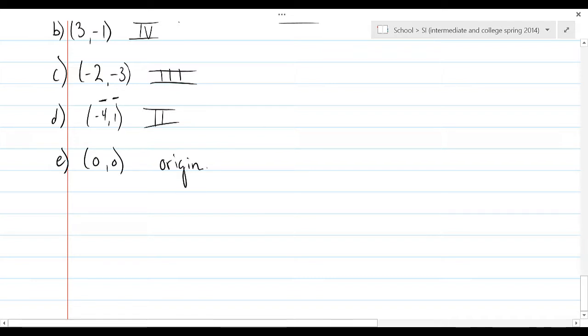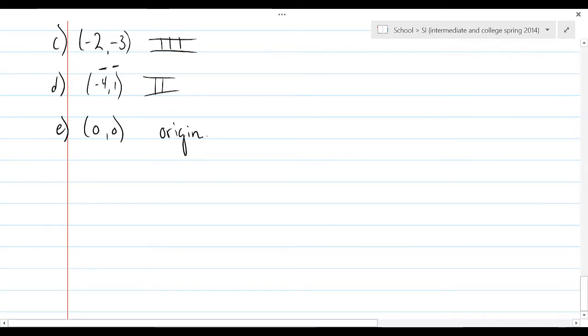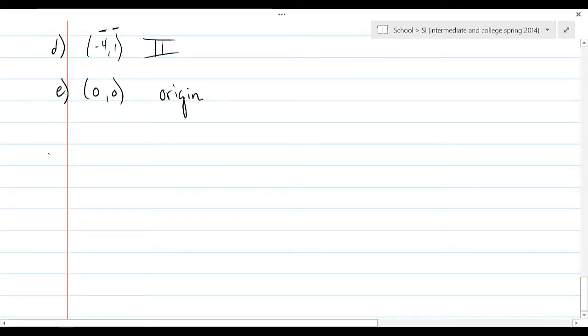Alright, let's go into number 2, where the test gets a little bit more challenging. What we're asked to do is find the x and y intercepts of the equation. Before you can do this, you really have to understand what an intercept is. So let's draw a little graph, and let's draw a line.